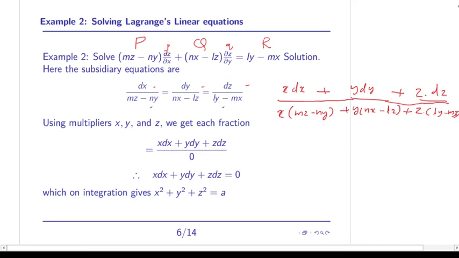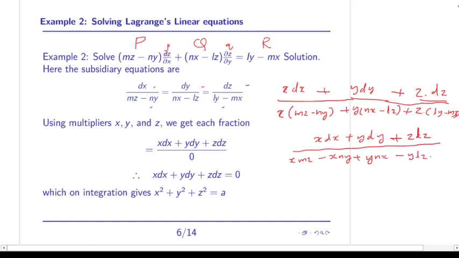Finally what you get is x dx plus y dy plus z dz divided by x mz minus x ny plus y nx minus y lz plus z ly minus z mx.